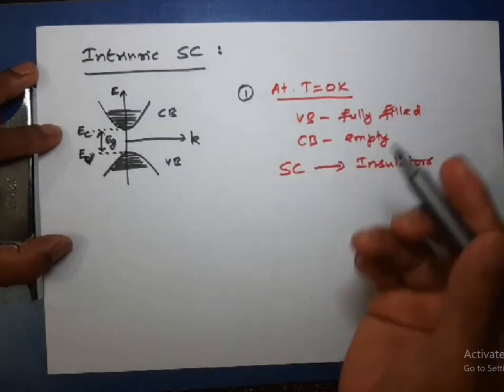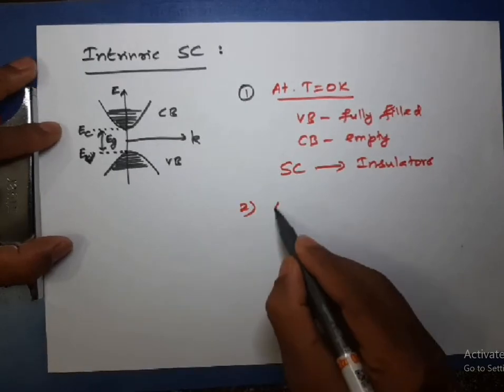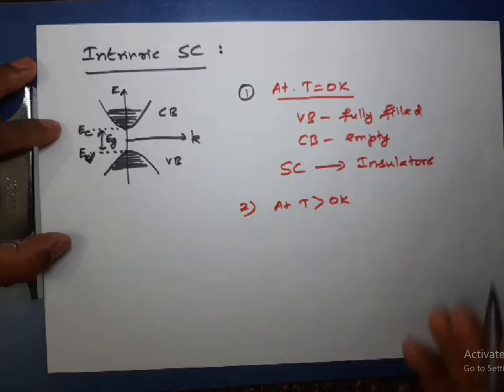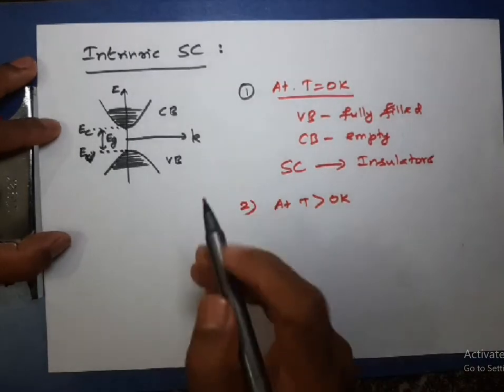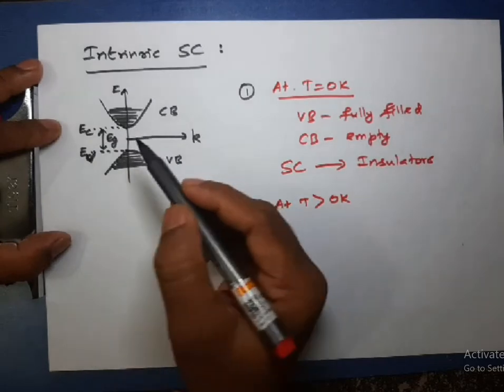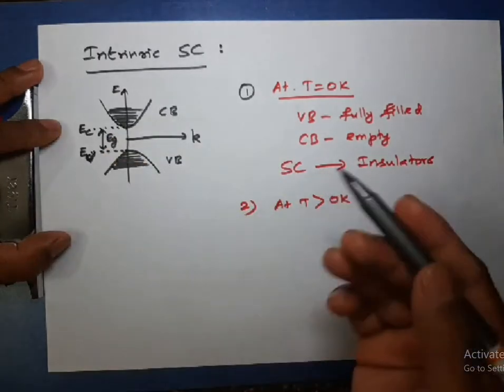As temperature increases, what will happen? Let me write here. At a temperature above 0 Kelvin, say for example room temperature, the band gap is small, whereas the thermal energy available is larger.